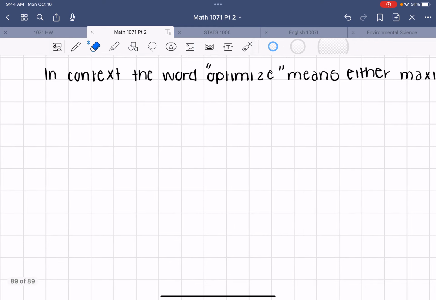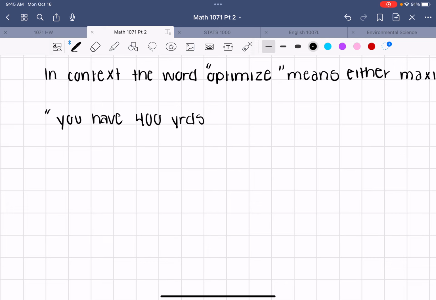So let me do an easy example. You have 400 yards of fencing, like cyclone fencing. You want to enclose the largest possible rectangle on 3 sides.